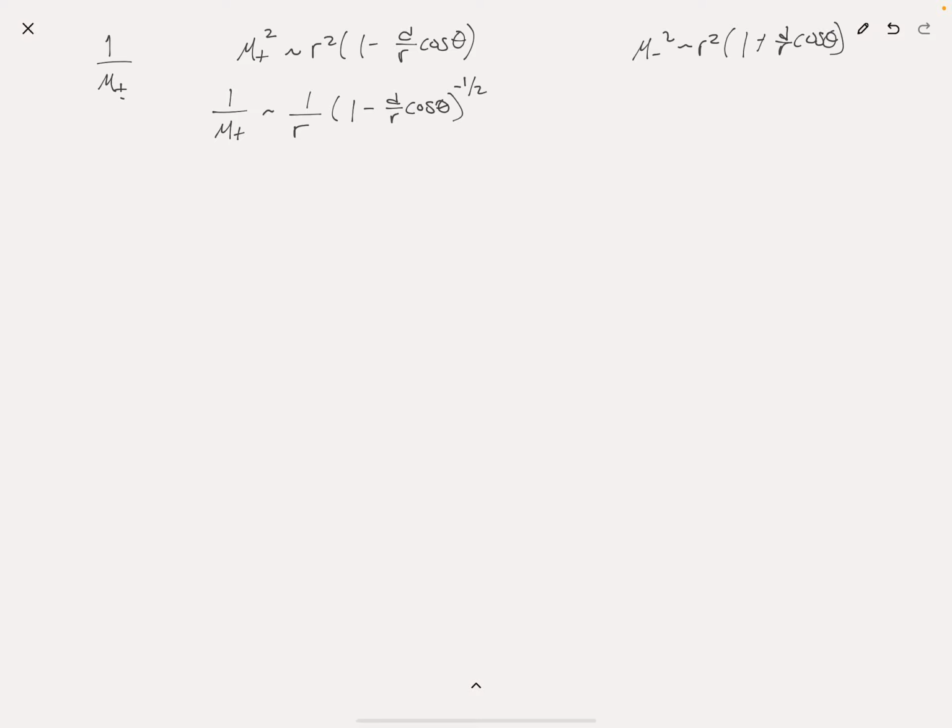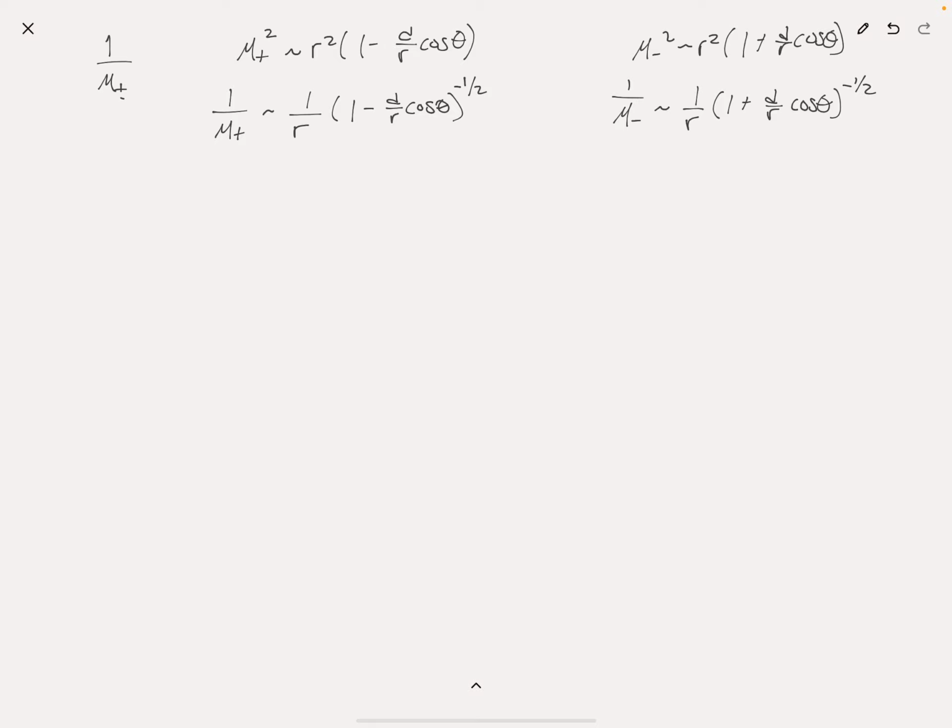Okay, so I've taken the square root. That's where the 1/2 comes in, and the minus is because I'm inverting it, but I'm leaving the term in parentheses in the numerator. Okay, then I can do the same thing for script r minus. 1 over script r minus is approximately equal to 1 over r times 1 plus d over r cosine theta to the minus 1/2. Great.